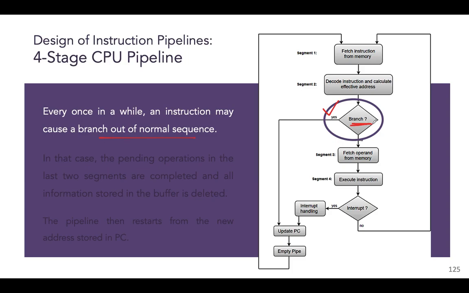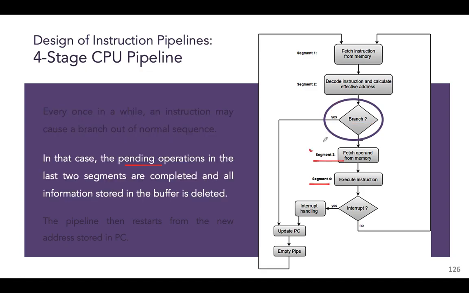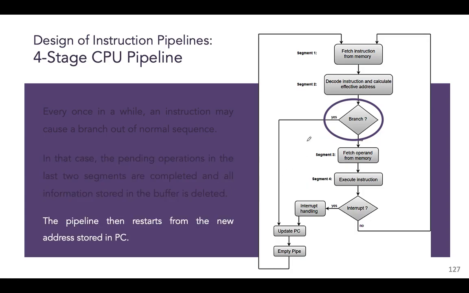So if you had previously stored any instructions in the buffer that you were going to execute next, they will not be executed anymore, so they have to be cleared out from the buffer. Whatever was in segment 3 and segment 4 also has to complete its operation, right? And then the pipeline will restart from the new address stored in your program counter.